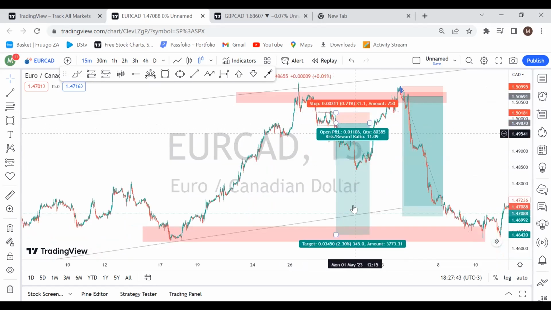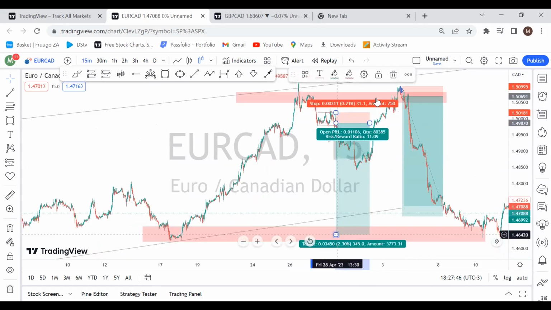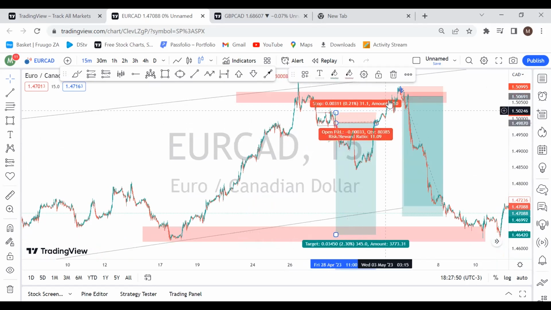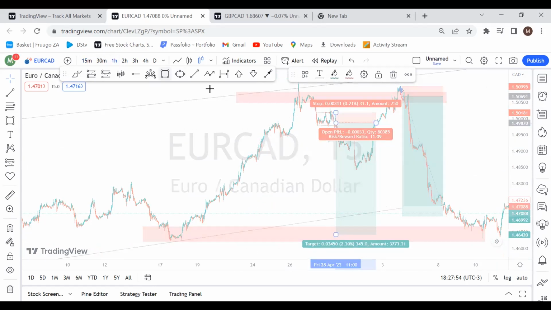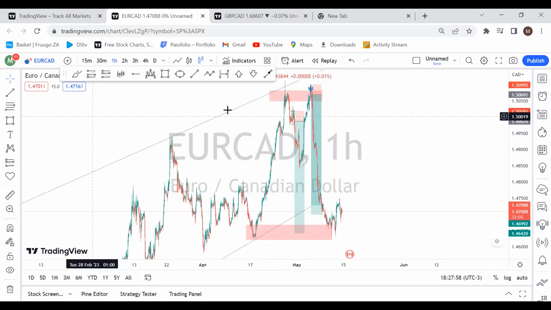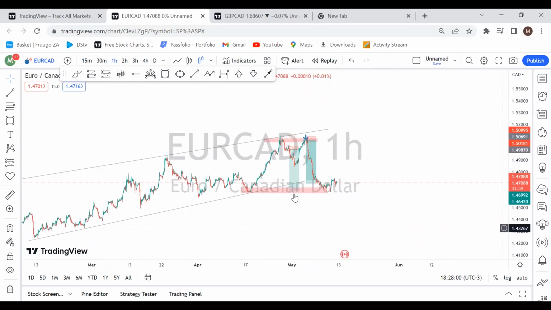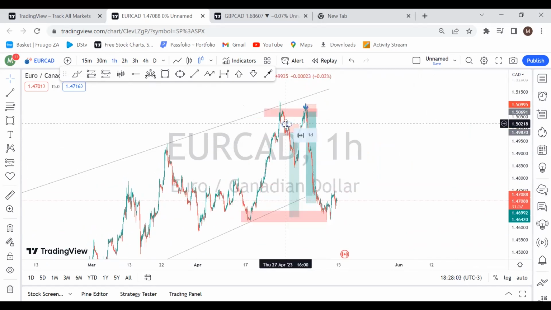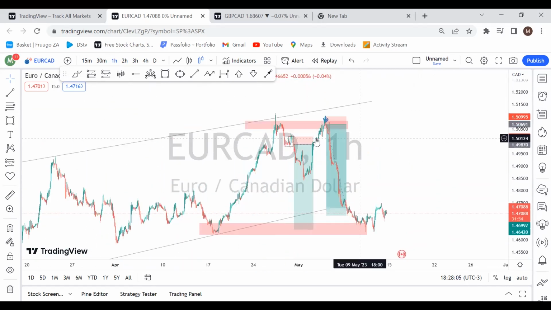So the price didn't go all the way down there. It literally stopped you out. And at that point, you shouldn't really give up on the setup because you can see that after all of that shenanigans, the price just created a double top and went back down.